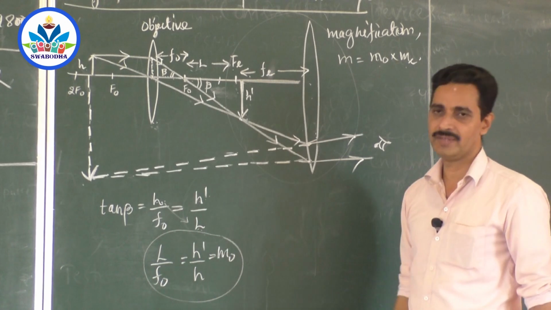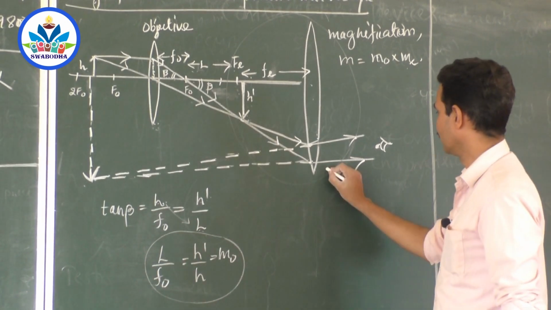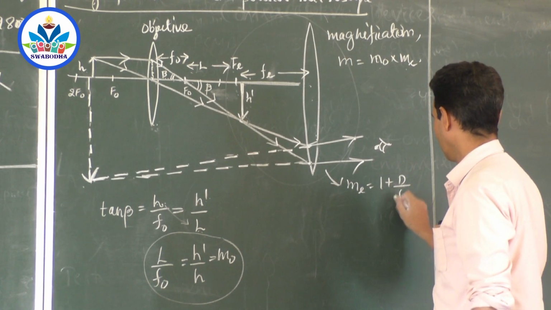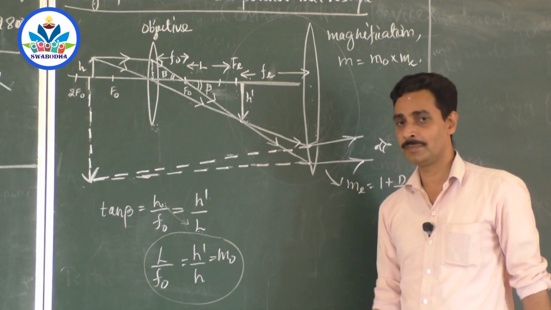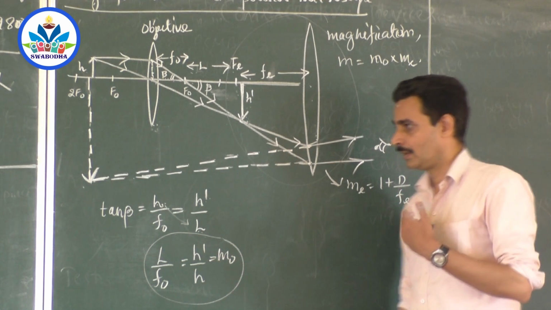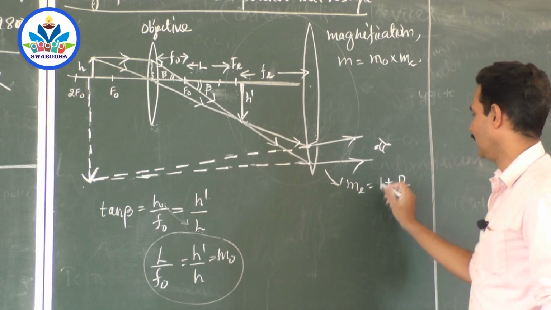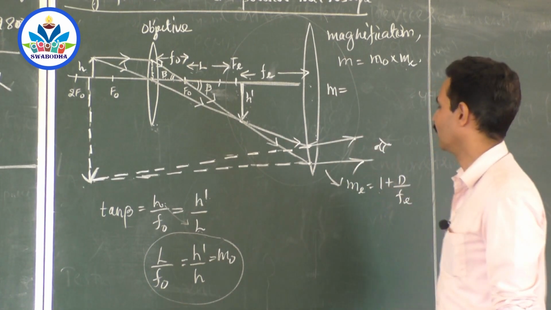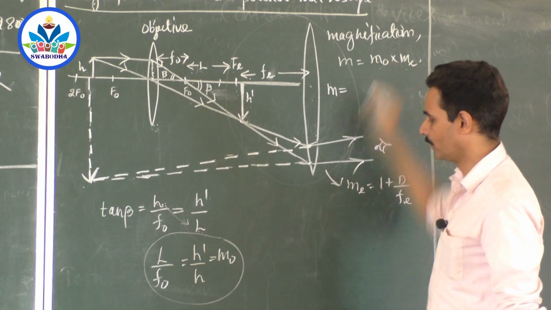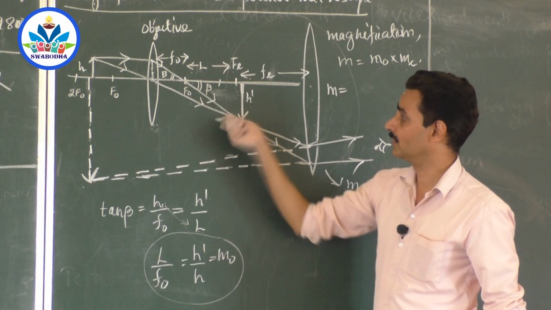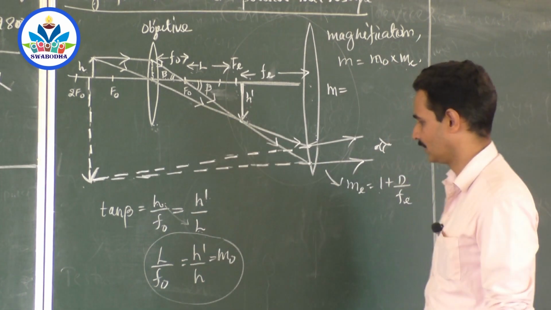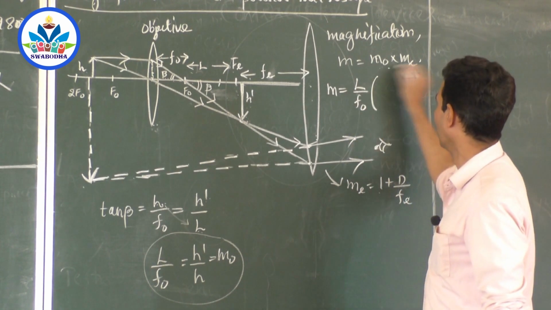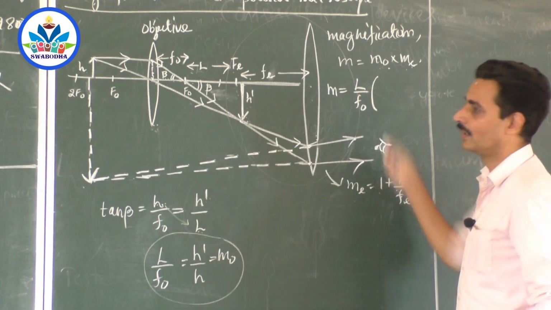Its focal length is Fe. So what is the magnification for this eyepiece? Magnification of eyepiece is 1 plus d by Fe, because the image is not at infinity. Image is at some certain distance, that is the least distance of distinct vision. ME is 1 plus d by Fe. So what is the total magnification? Total magnification is equal to magnification of objective, how much magnified image is produced by the objective, that is h dash by h for objective, that is L by f0, into magnification of eyepiece, that is already derived in the first case.